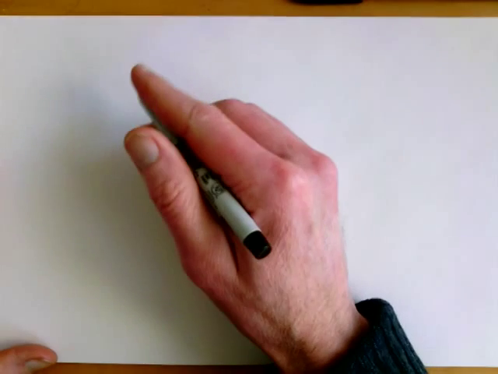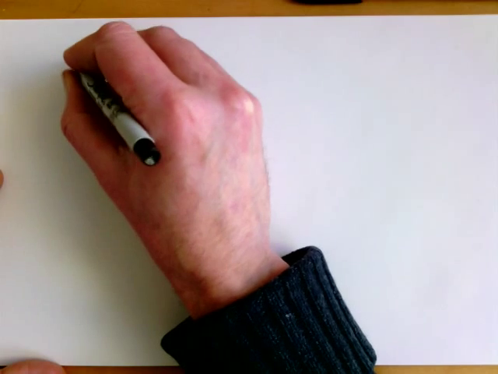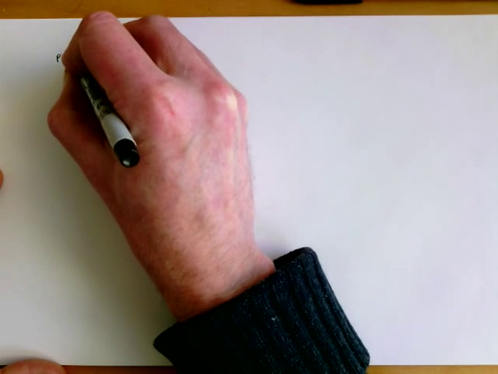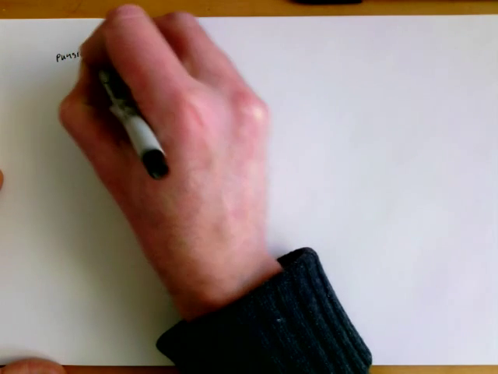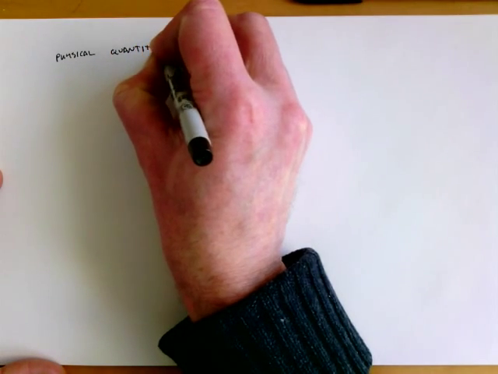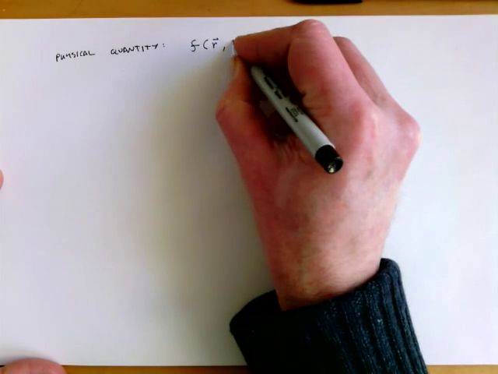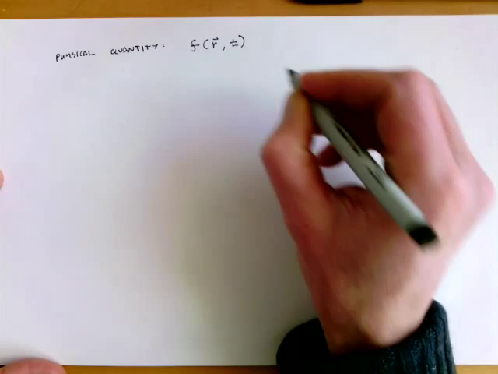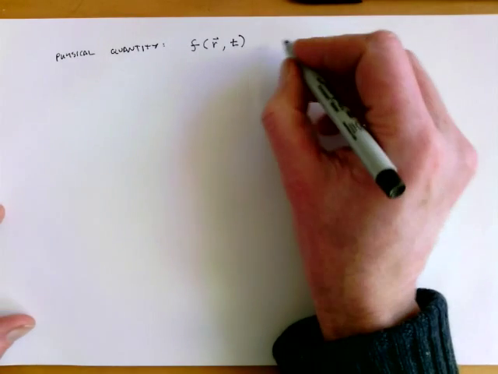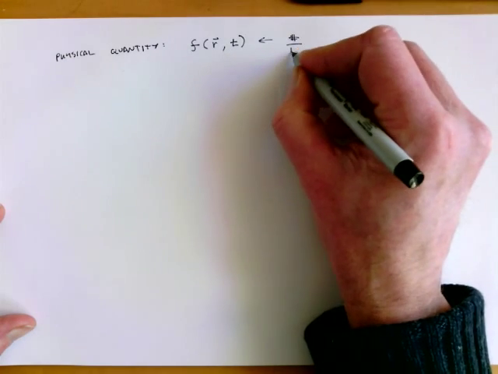So let's first just define a few terms. Let's assume that we've got some physical quantity that we're interested in tracking over time and over space, right? So it's some function that depends on where I'm located and also depends on time. So this could be anything from a number of particles per meter cubed, right?